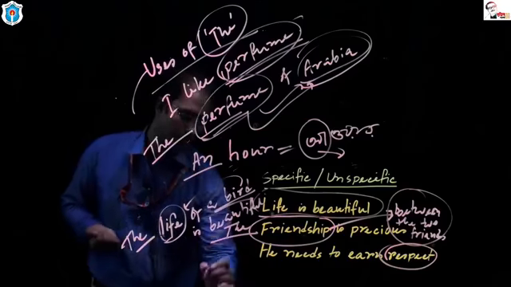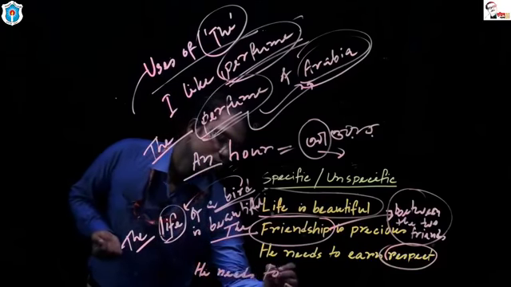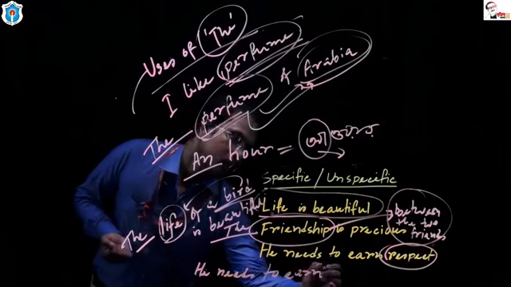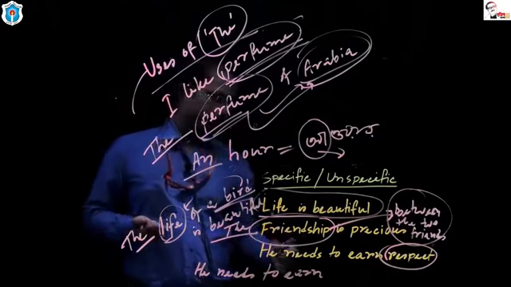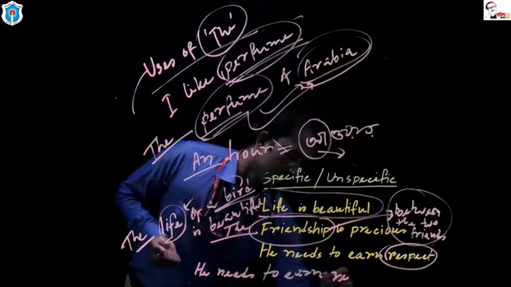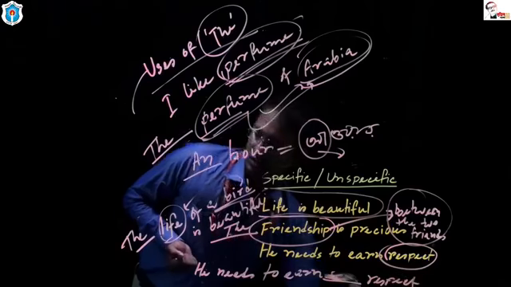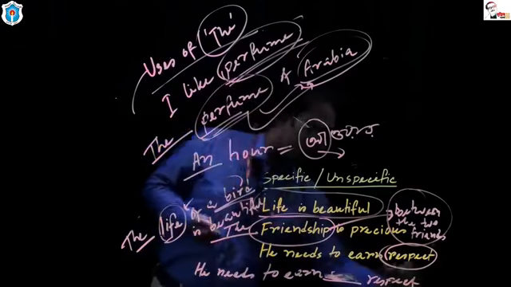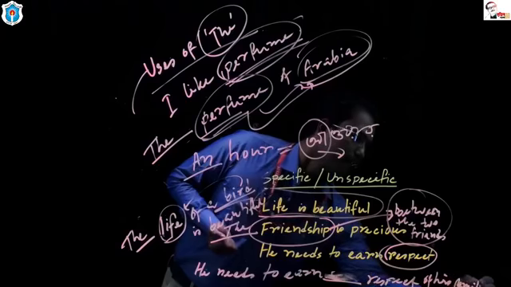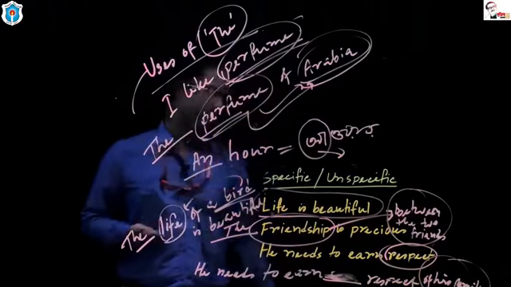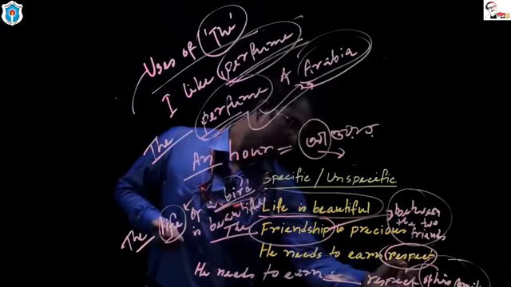But if we tell he needs to earn dash respect of his family, then it becomes specific, because this family has specified it.